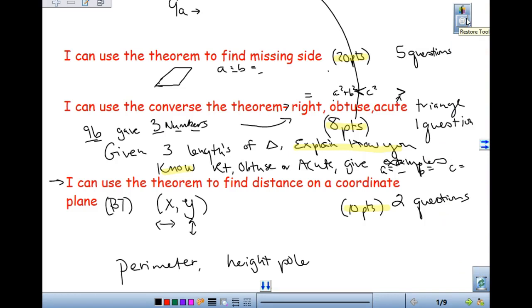This is finding the perimeter. This is finding the height of the pole. This is plotting the points correctly. And what I put was B7. There's going to be 2 questions on the test, a total of 10 points. So each one is 5 points each.